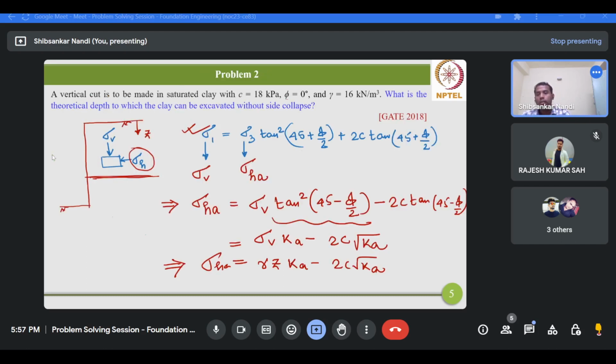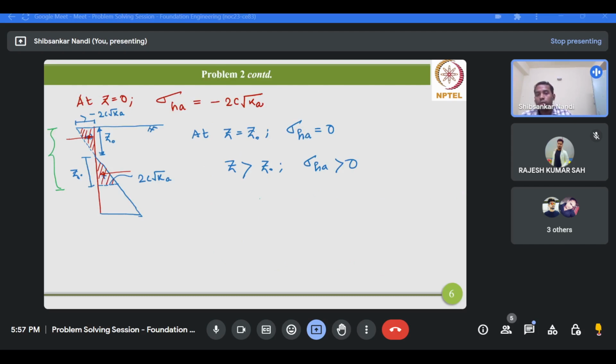When you excavate a soil, you need to provide some lateral support so that the side soil doesn't collapse inside the excavation. You need to resist the lateral movement of this side soil.